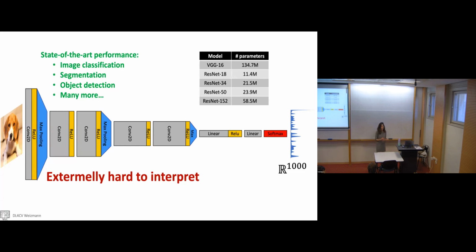And this is extremely important. If we want to use deep learning in real world scenarios and systems like autonomous driving or robotics or medical, we must understand what these black boxes are doing, and if they fail, when they would fail and why.